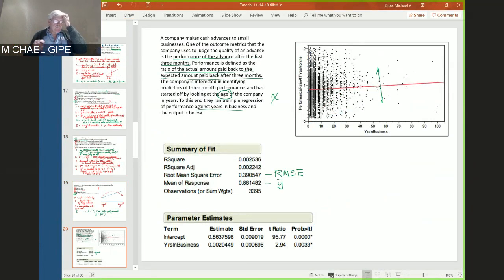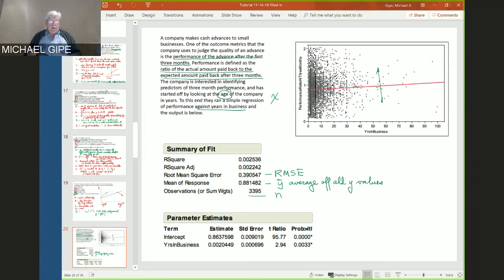That's the average of everything. Not the average of the distance of Y from the regression line. It's just the average of all the Y values. Observations, that's the sample size. Okay, how much data do we have?